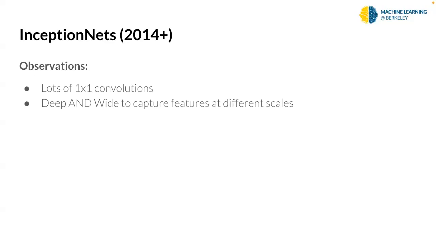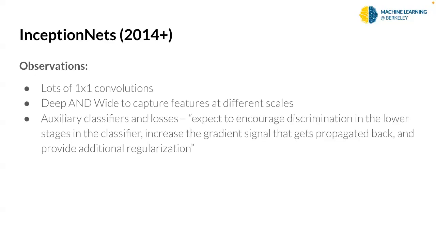The goal of those is to capture features at different scales to be able to detect small and large objects in your network and so on. And then the auxiliary classifiers and losses. The explanation for it, as I mentioned, but more specifically, is to encourage discrimination in the lower stages of the classifier, to increase the gradient signal that gets propagated back, and to provide additional regularization. Yeah. I understand what it is now.